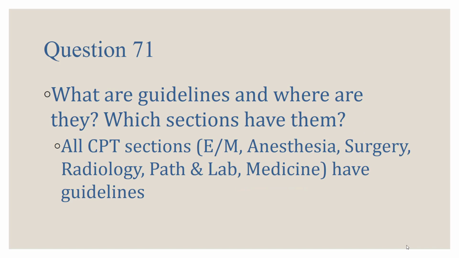And all CPT sections have guidelines. So there will be a few pages in front of the E&M, anesthesia, surgery, radiology, path lab, and medicine sections that are called guidelines. And the guidelines apply to all the codes in that section.